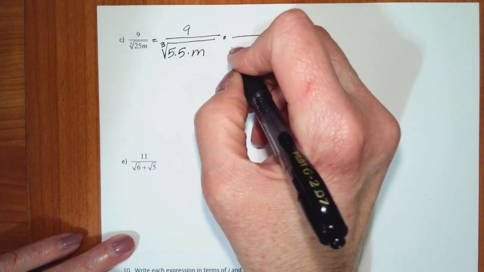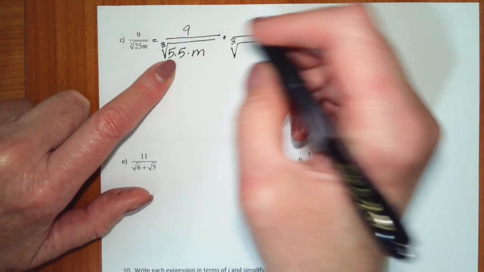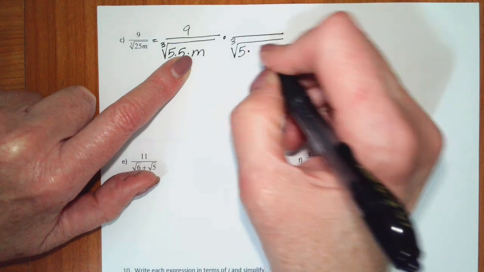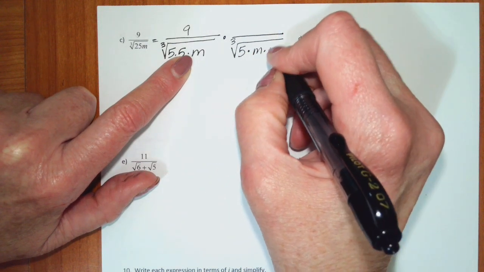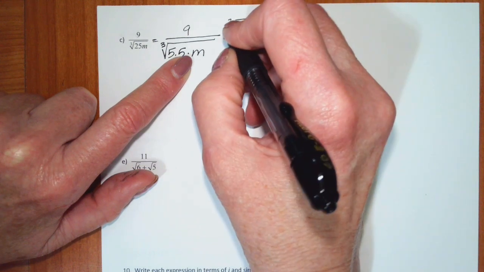I need groups of 3, so I'm going to have to multiply it by the cube root of something. I have 2 5's, I need another. I have 1 m, I need 2 more. If I did it to the denominator, I have to do it to the numerator.